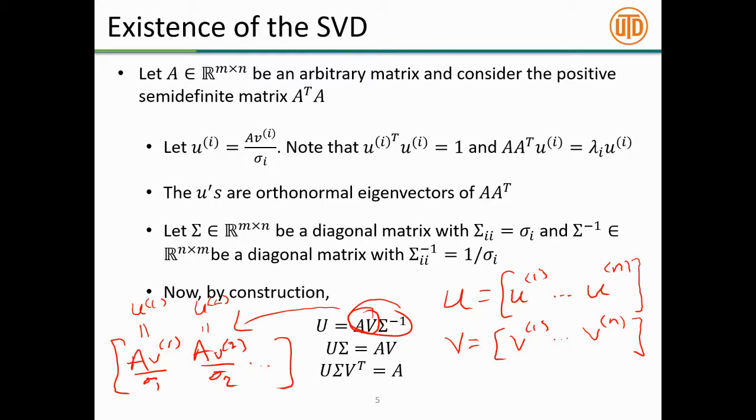Now, again, to make things simple for a second, let's assume that we only constructed n of these things. So everywhere you see an m, let's assume it's equal to n for a moment, and I'll extend it in a second. If sigma is an n by n matrix, then sigma inverse literally is the inverse of the matrix sigma. So I can multiply both sides of this expression by sigma to get that U times sigma is equal to A times V. That would be true even in the m by n case.